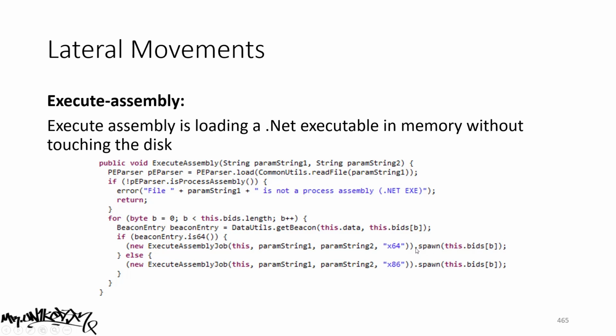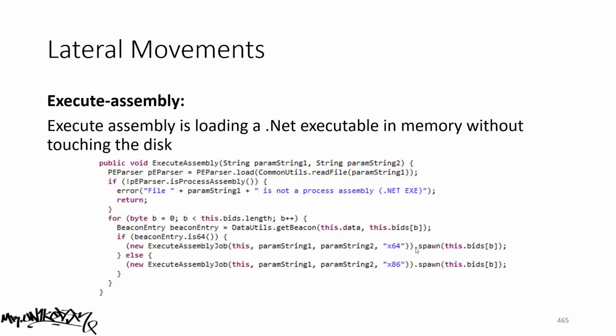But every time you see dot spawn, it's pretty bad in the sense that this is once again for functionality reasons. Cobalt Strike will always spawn a sacrificial process for some of those functionalities. The idea is that it's not going to kill your actual beacon. So if you do something wrong here, you're not going to lose your session. As this says, one beacon is like zero beacons, right?